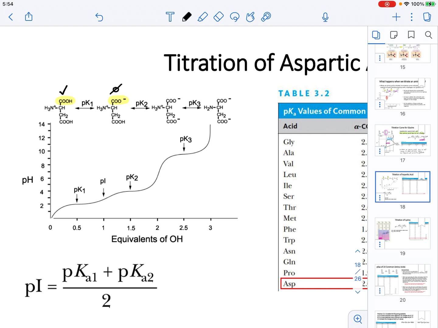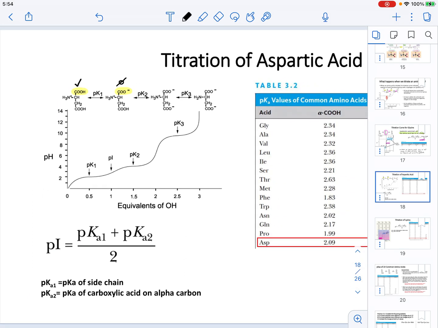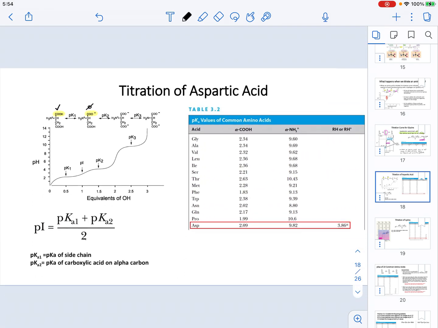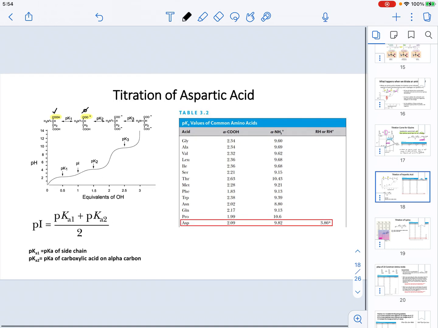So what does this mean? That when we're trying to calculate the pI for aspartic acid or also glutamic acid, we are going to be taking the average between the pKa of the side chain and the pKa of the alpha carbon. So what does that mean?